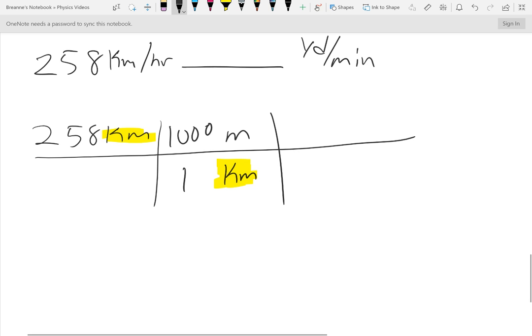But we didn't want meter, we wanted yards. For 1.094 yards into 1 meter. Meter on top, meter on bottom, cancels out. We want yards. Very good. So now we just multiply what's across the top.